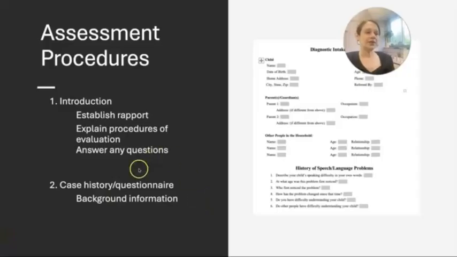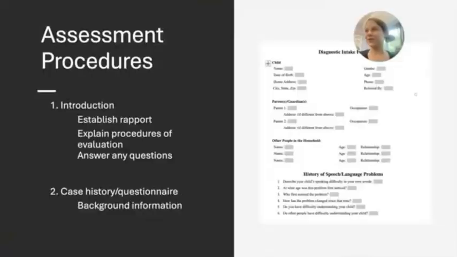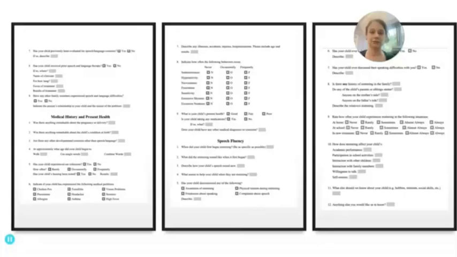The case history or questionnaire gathers background information. That's typically a pretty integral part of any assessment. When you've gone to doctor's offices or other healthcare providers, oftentimes you probably had to fill out an intake form, right? Okay, so here is an example of an intake form from our speech language and hearing clinic on campus here at UW-Madison. It is for children who are coming in for stuttering, who have developed dysfluency or fluency disorder, as we call it.